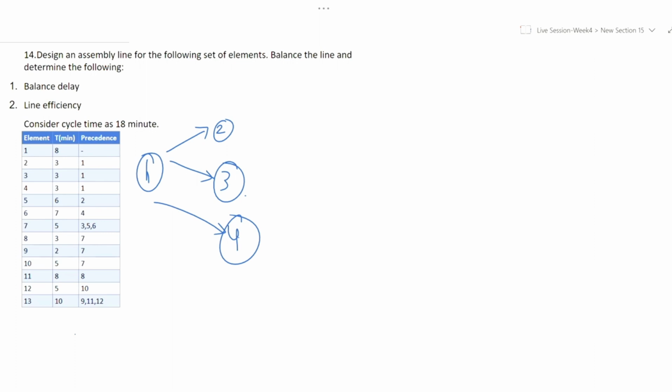So element 5, element 6, and now element 7 is preceded by 3, 5 and 6. So this is element 7.